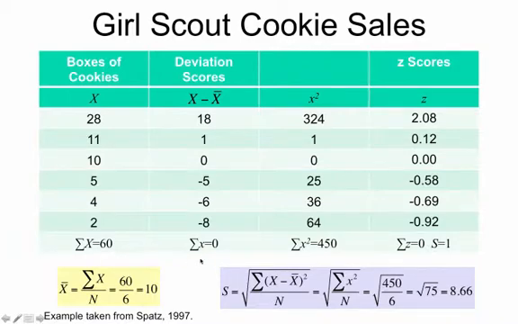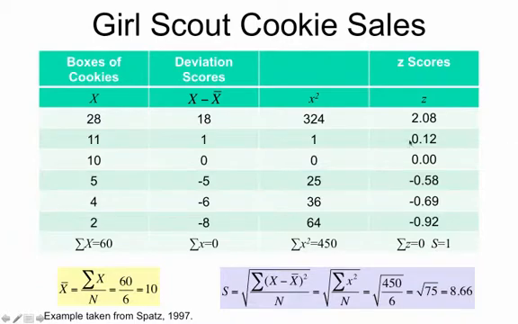The second column shows the deviation scores, which is simply the raw score minus the mean. For example, the first Girl Scout, 28 minus the mean of 10 gives a deviation score of 18. The third column squares the deviation scores, and remember that the lowercase x is a symbol for the deviation score. So the lowercase x is equivalent to the raw score minus the mean.